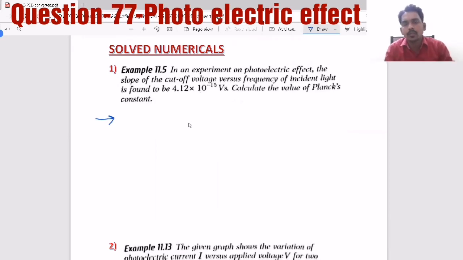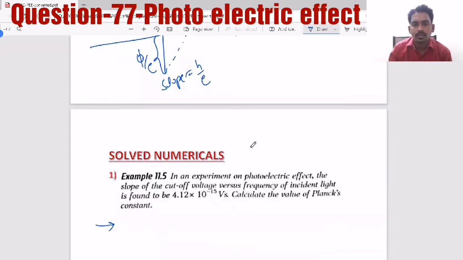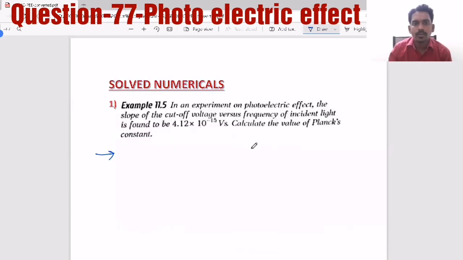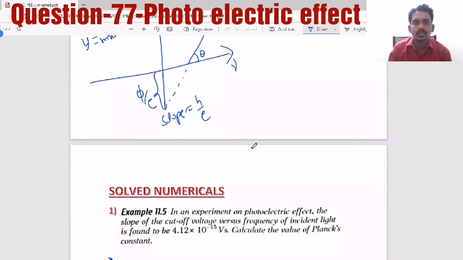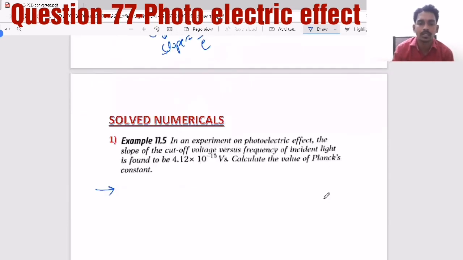In an experiment on photoelectric effect, the slope of cutoff voltage versus frequency of incident light is found to be... So the slope of cutoff voltage versus frequency of incident light, so V naught versus frequency, same thing. Slope means what? h by e.